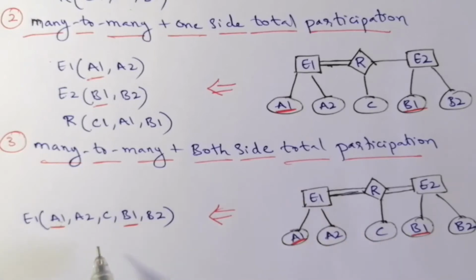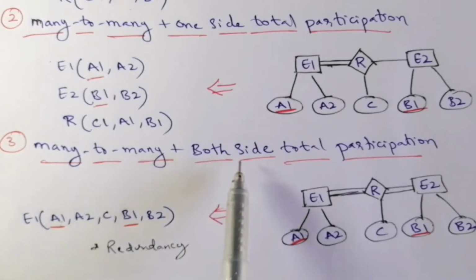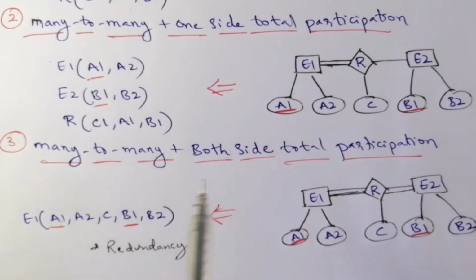We also have a problem of redundancy in this case. When we convert everything into a single relation, a duplication problem originates, but the minimum number of relations required is only one. Minimum is one, but there will be a problem of redundancy. So these are the three cases.